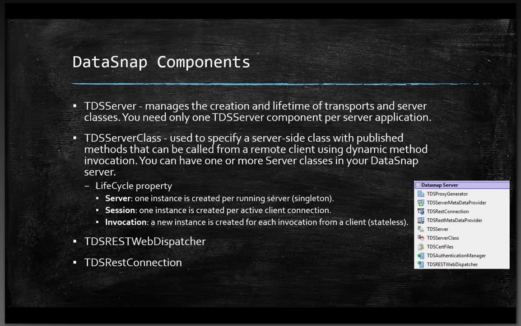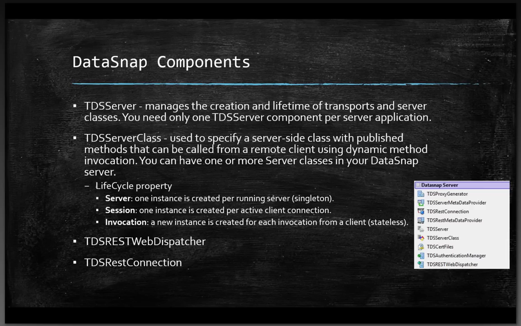So the REST connection will generate using the proxy generator that's put inside. It's the TDS proxy generator component, that's inside of your DataSnap server. It reads the server class public methods and will generate the interface units for you to include in your client.